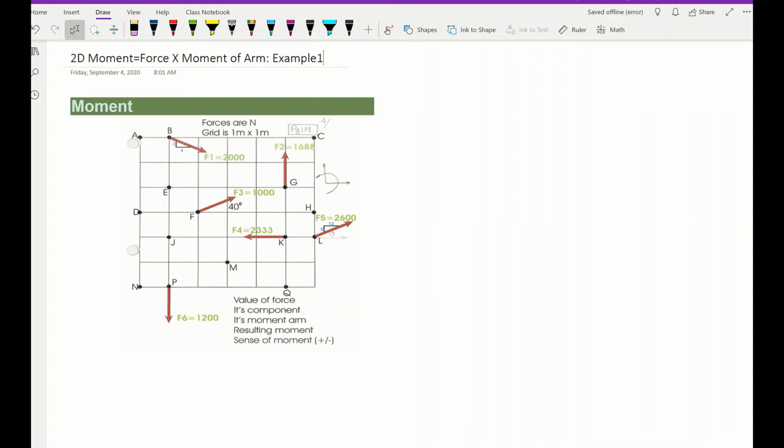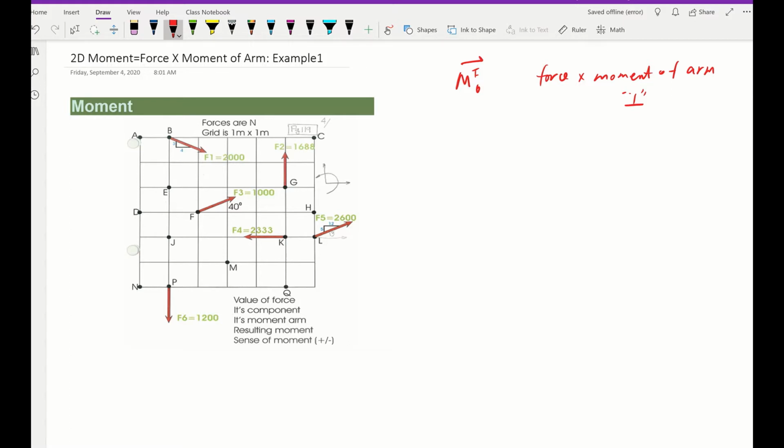Hi, in this video we're going to look at some examples of a moment, particularly in two dimensions. A quick review: we're talking about the moment of a force about a point. It's a vector, so the magnitude is force times moment arm, and the moment arm is the perpendicular distance from the rotational point to the force.